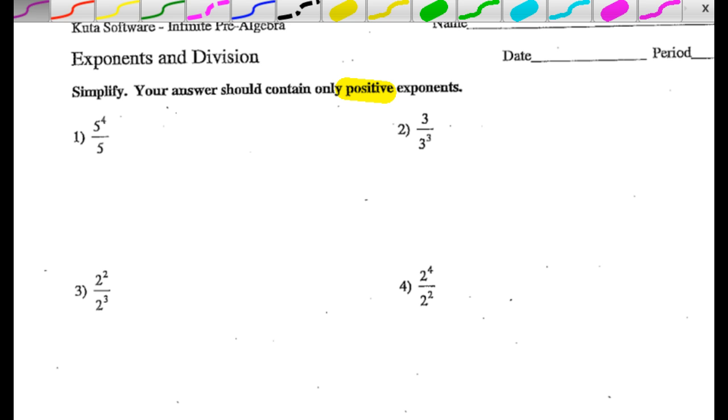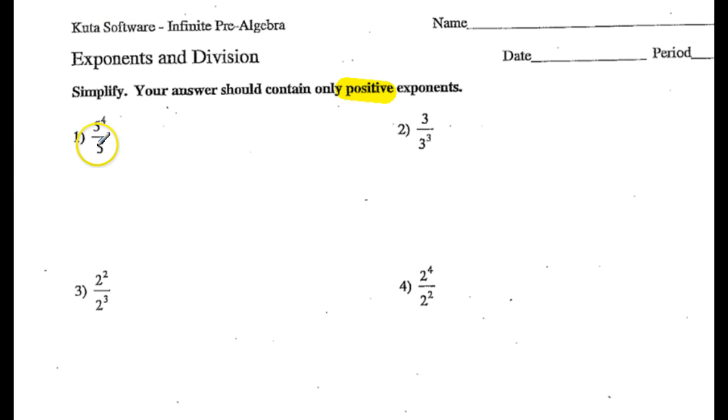Okay? Alright, so now we have fractions. Remember, fractions mean you're dividing, right? So if I write this out the long way, the top of the fraction is 5 to the 4th. So that means the top of my fraction is 5 times 5 times 5 times 5. It's 5 four times. And the bottom, remember, if there's never an exponent, put a 1. This means 5 to the 1st, which is just 5 one time.